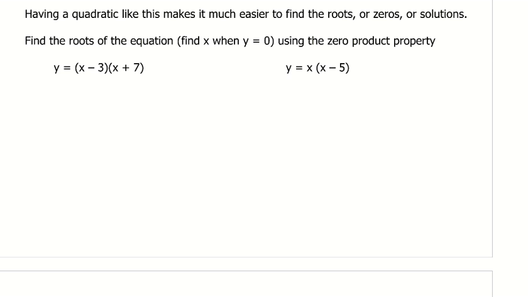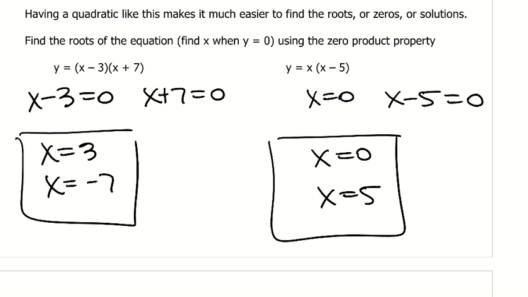Okay, here you go. So the question was, how do we get x equals 0 on the second one? Well, I think probably the way to go is I'm going to write it like this. One of the things in the red parentheses has to equal 0 in order for the whole thing to equal 0. So that means that either on the left x has to equal 0, or on the right x minus 5 has to equal 0.